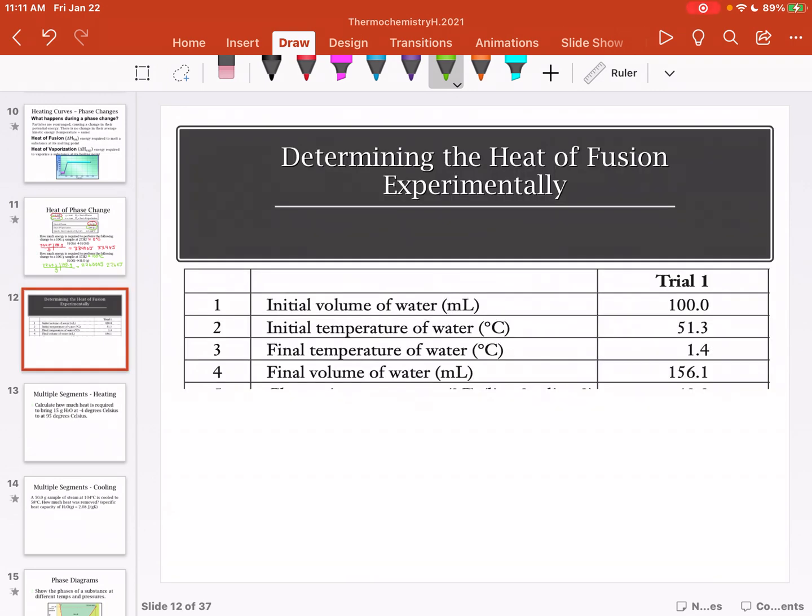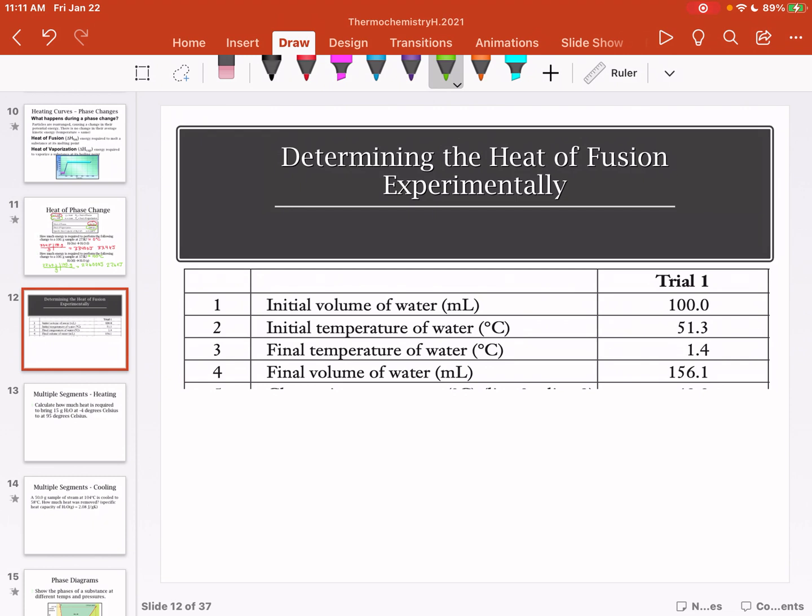So let's talk about how we might get the heat of fusion in a lab experiment. If I started off with an initial volume of water that is 100 degrees Celsius, you might recall from earlier in the school year that when you have 1 milliliter of water, you also have 1 cubic centimeter of water. But we're not interested in that right now.